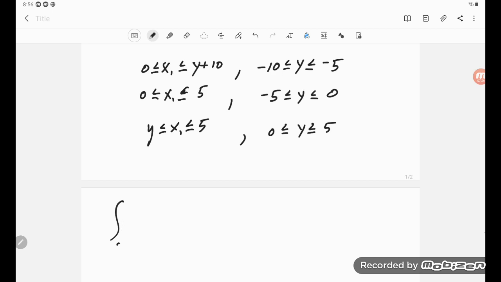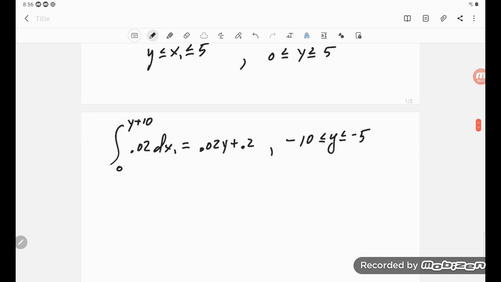So I have an integral from 0 to y plus 10 of my 0.02 dx1, and I'll only do it with dx1 in this case. And so this is 0.02y plus 0.2. Okay, for our PDF, and that is for negative 10 less than or equal to y less than or equal to negative 5.